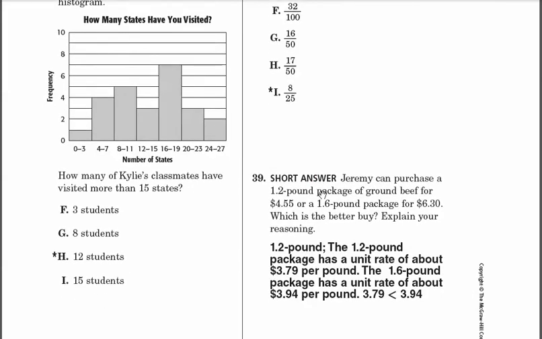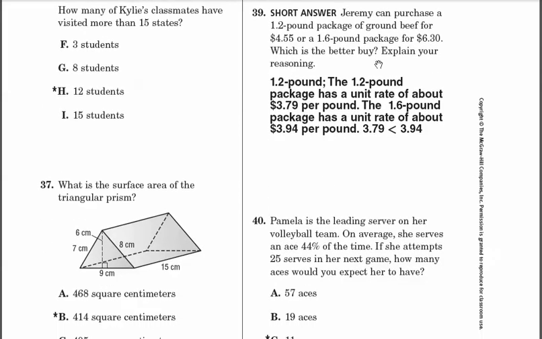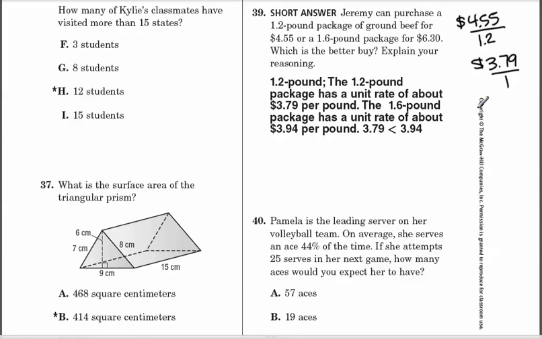Okay, number 39. Jeremy can purchase a 1 2/10 pound package for $4.55. It's always money over items. So 4.55 over 1.2. You can divide using long division, or in this case, I'm just going to divide using my calculator, and I get $3.79 for 1.